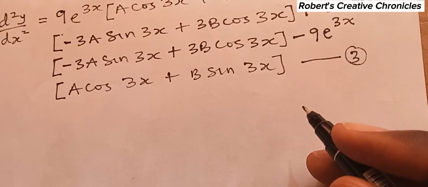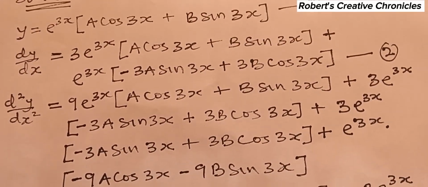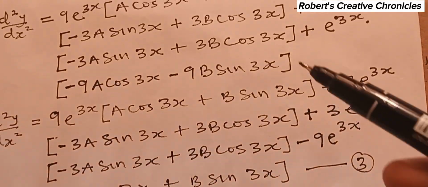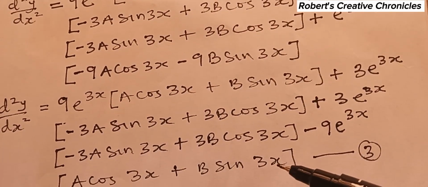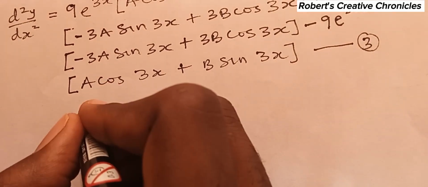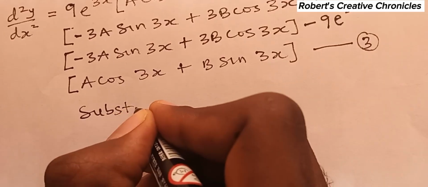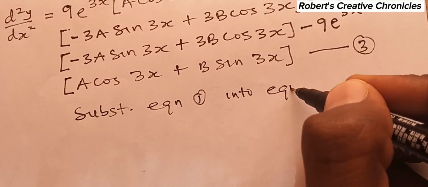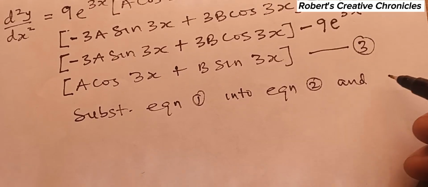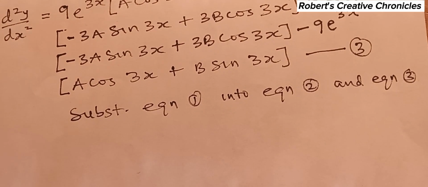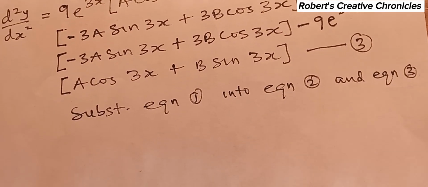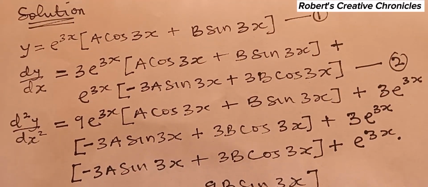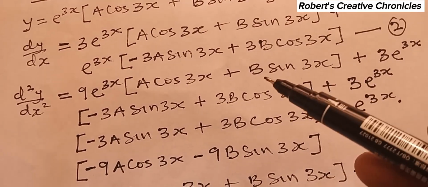So we will substitute equation 1 into equation 2 and 3 to reduce the number of terms in equation 2 and 3. Here is equation 1, we'll substitute into this 2.